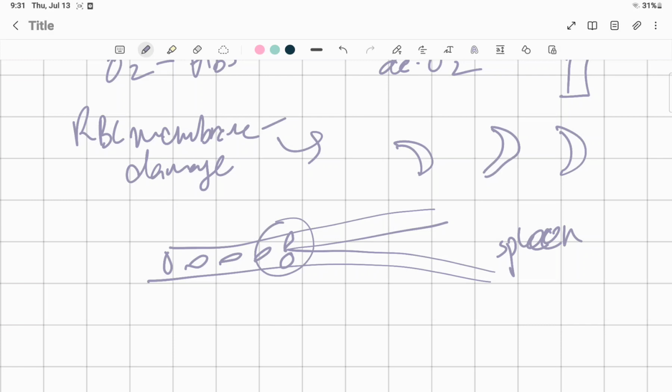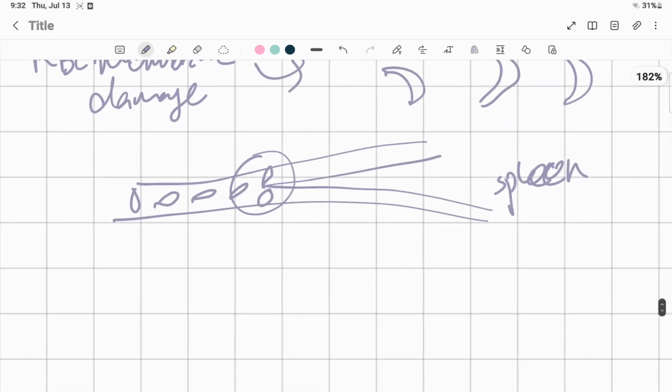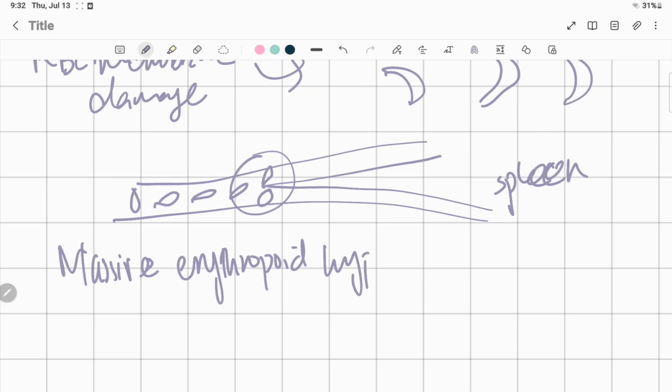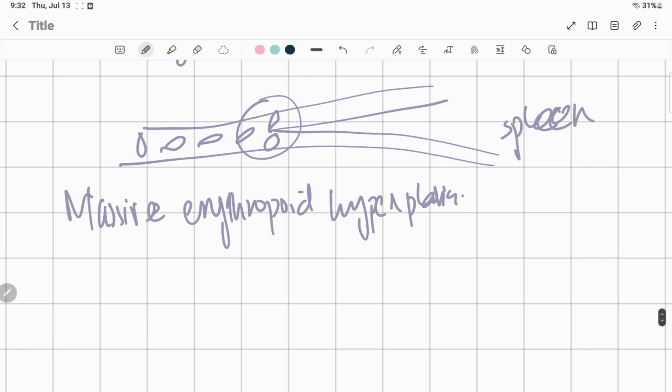Because of this peripheral destruction, there's going to be massive erythroid hyperplasia, the same as happened in thalassemia. So what are we going to have? We're going to have chipmunk faces.